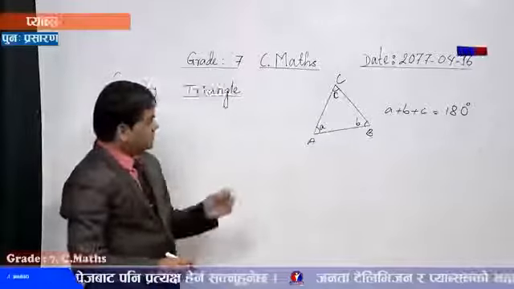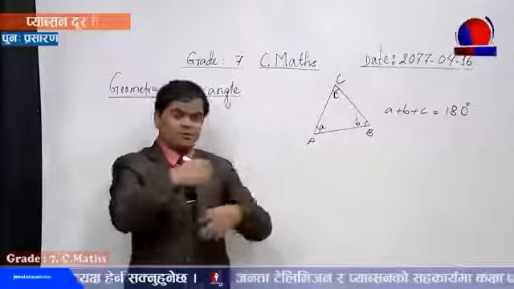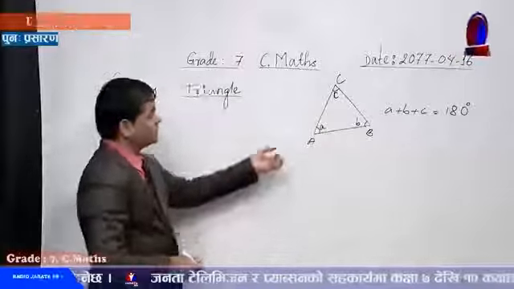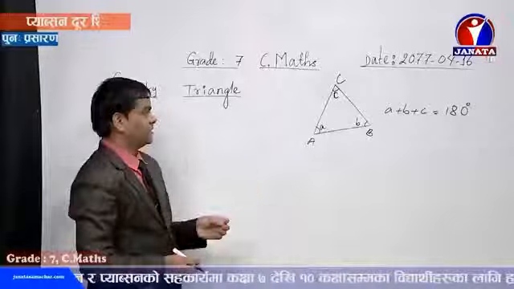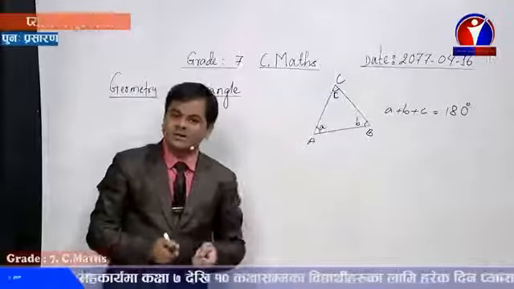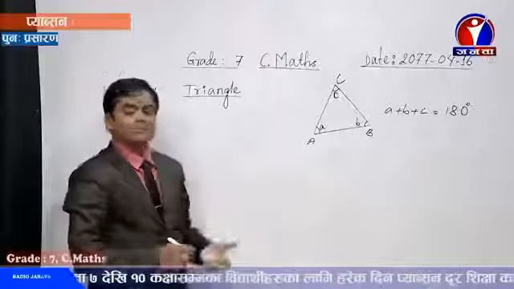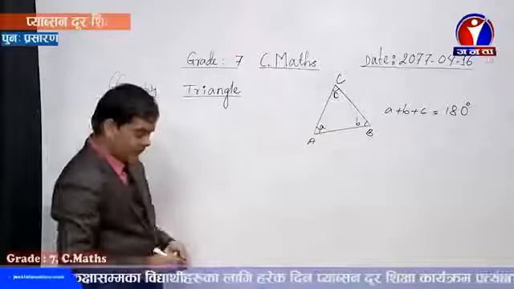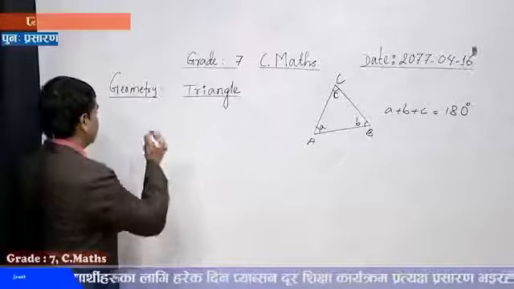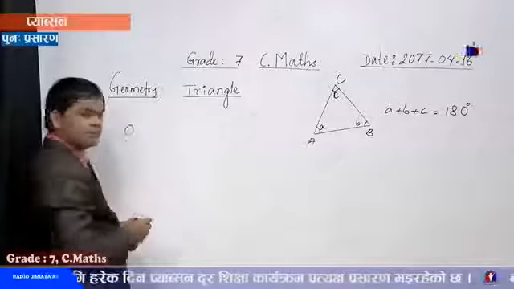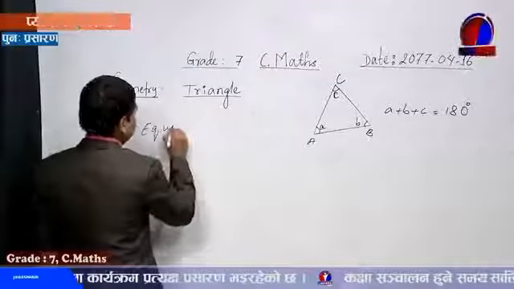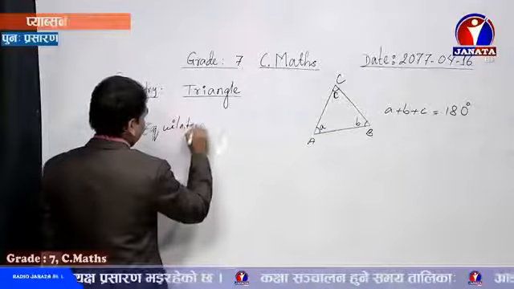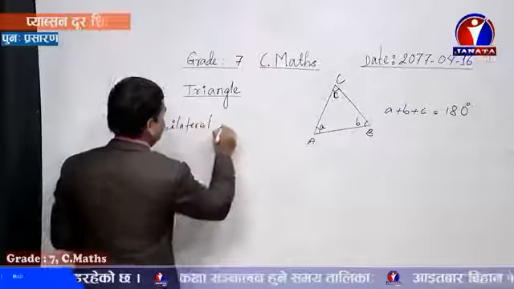So dear student, this whole chapter revolves around the sum of angles of a triangle and the different types of triangles. Today we are going to focus first of all on the different types of triangle. The very first type of triangle is the equilateral triangle, one of the four.